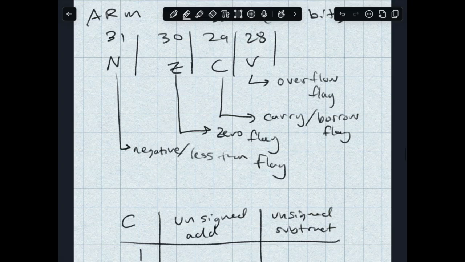And if carry is 0, then it's not a carry. And if we're doing unsigned subtract, we don't borrow when the carry is 1. No borrow. And we borrow when the carry is 0. So essentially, the carry is equal to not borrow.